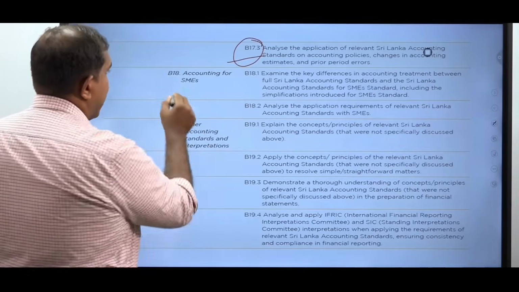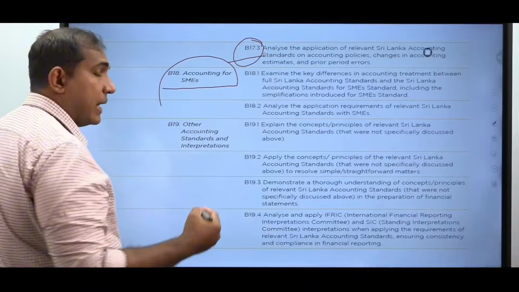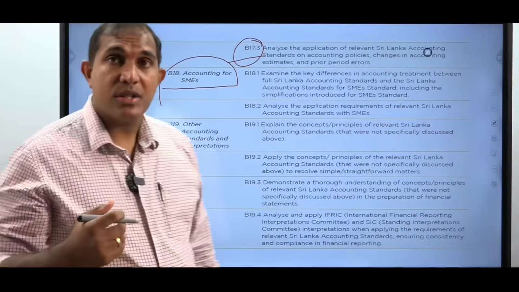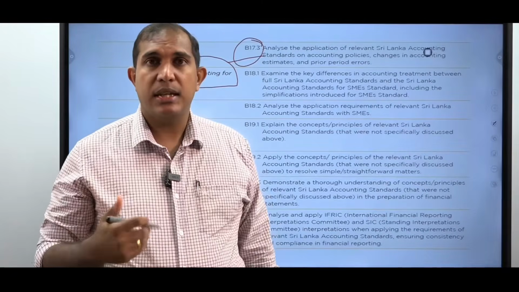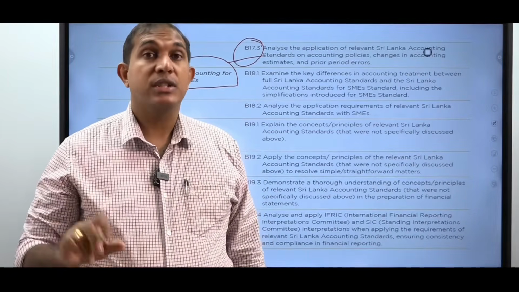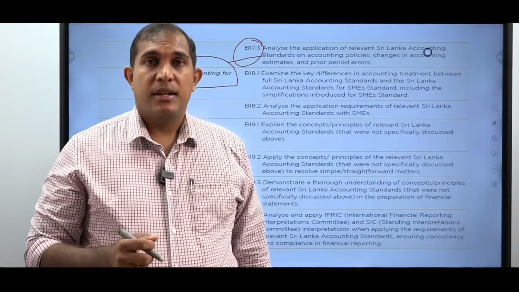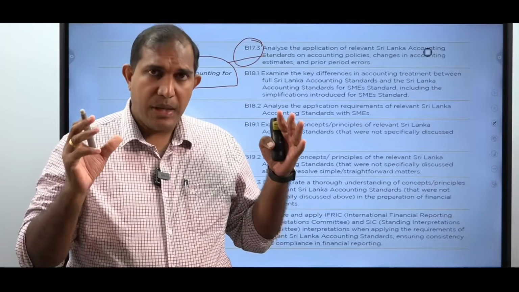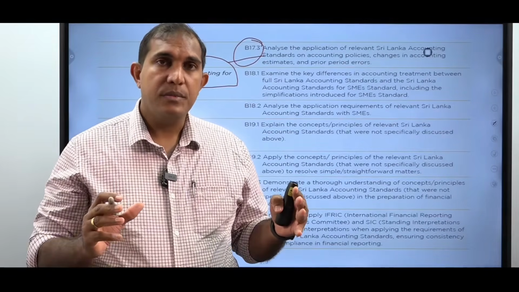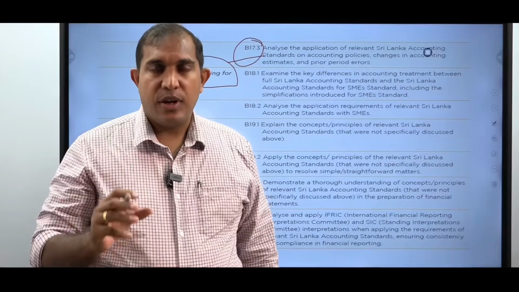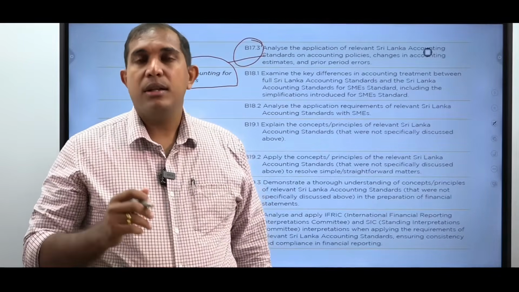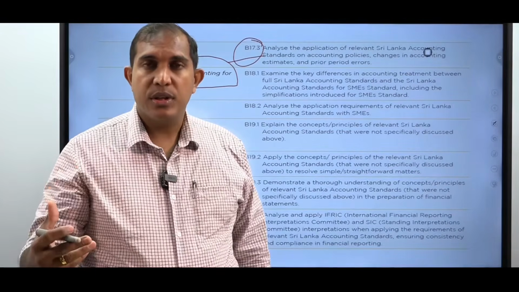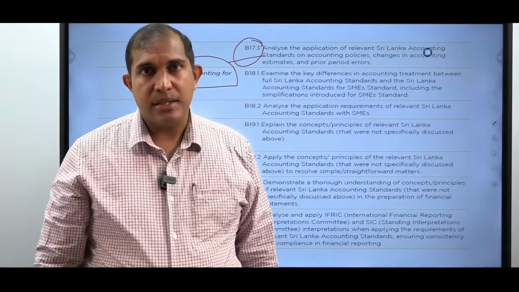Then accounting for SMEs, yes, this is another very important cluster. Everything we do is based on cost and benefit analysis. If cost is higher than the benefit, we never do that. So these full IFRS would be applicable for SBEs, specified business entities. All the companies in this country cannot use, it is difficult to use, these full accounting standards.